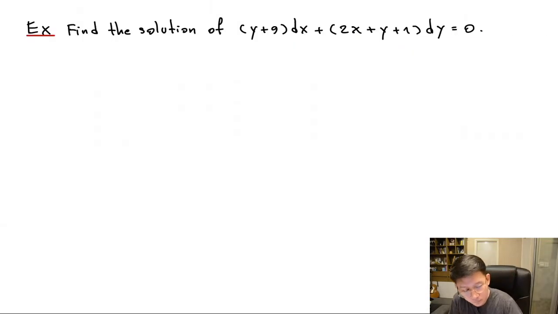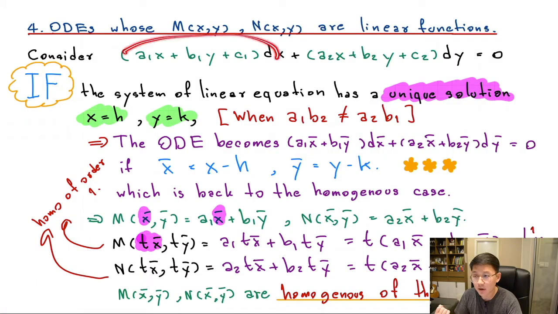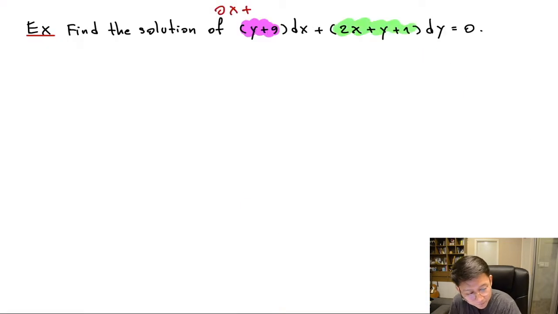Here, this is linear and this is linear as well. There's no x, so it's actually plus 0x here. There's actually x there, but it's 0x, so you don't need to write x. So in this case, if you want to compare these with the form a1 x plus b1 y plus c1, we have that a1 is 0, b1 is 1, and c1 is 9.